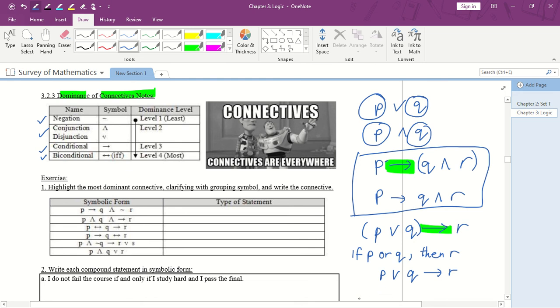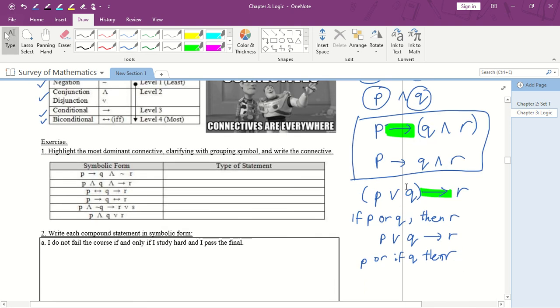We might write P or, if Q then R. You see, without the parentheses, although it has the same meaning, it confuses us how we need to write this one. So that's why now we are learning how to put parentheses to make it more clear.